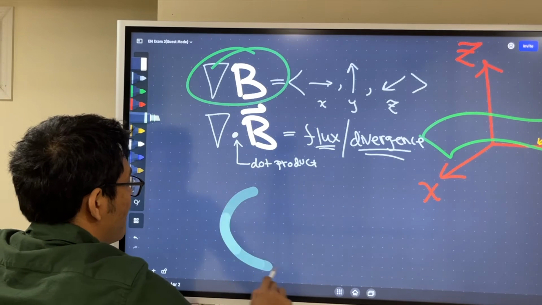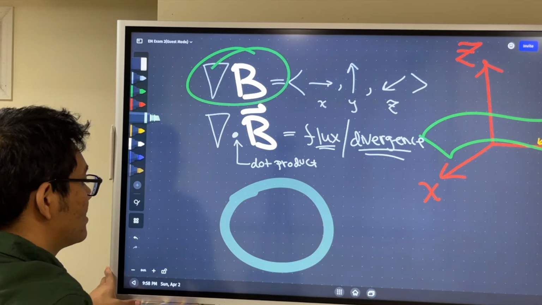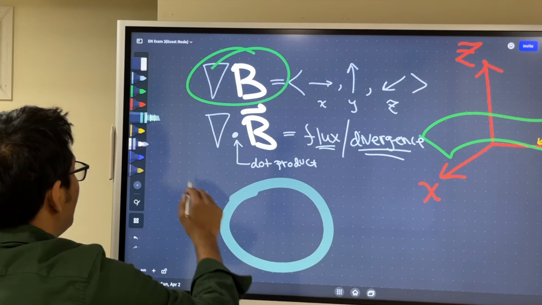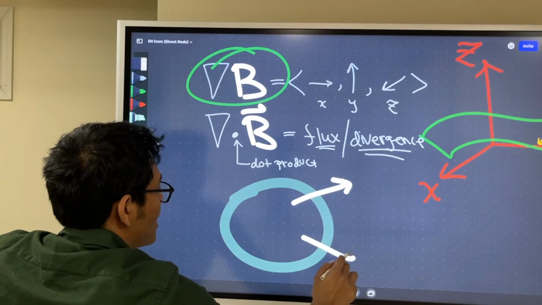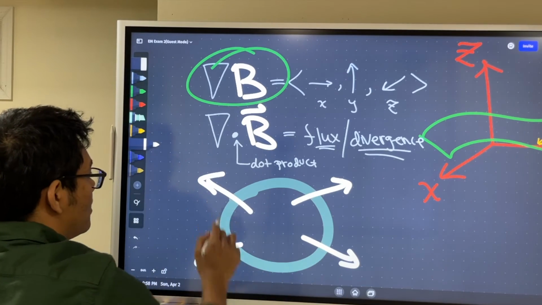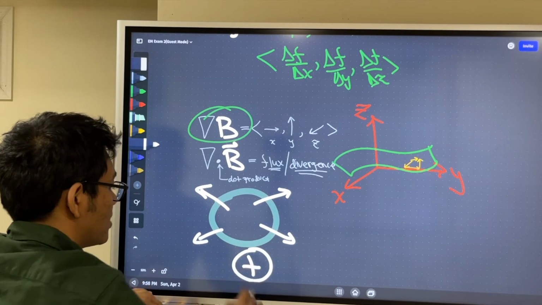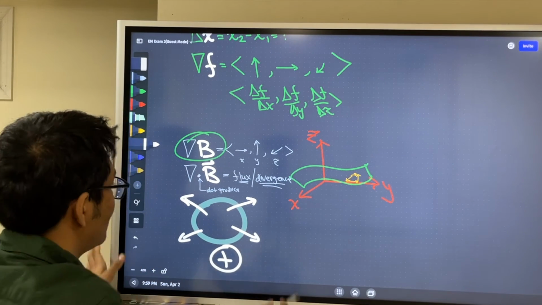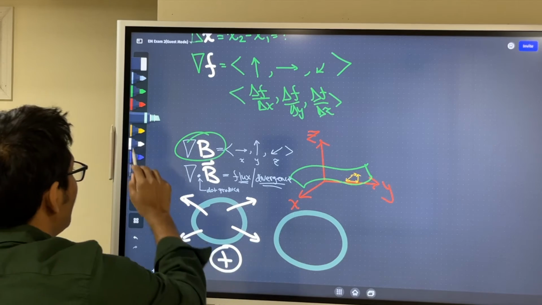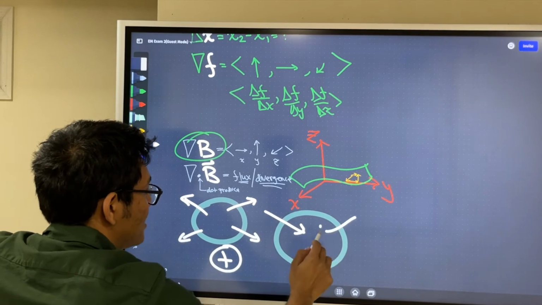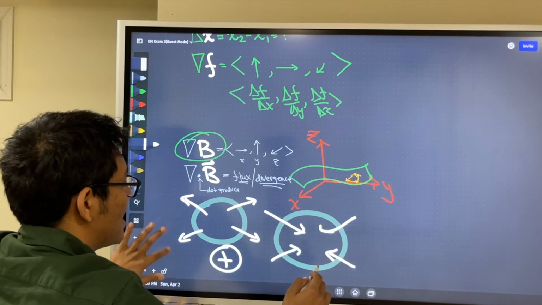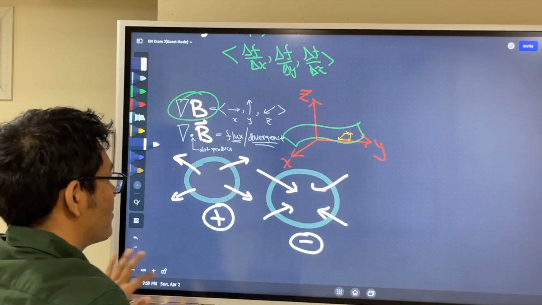So if I have, for example, this circle and I draw some arrows poking out of the circle, this we would say is an example of positive divergence. On the other hand, if I have the same thing but the arrows are pointing into the circle, this would be an example of negative divergence.